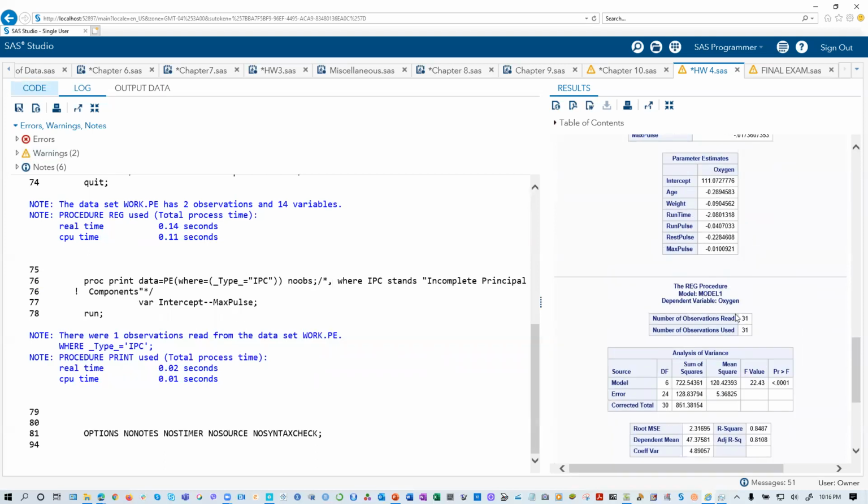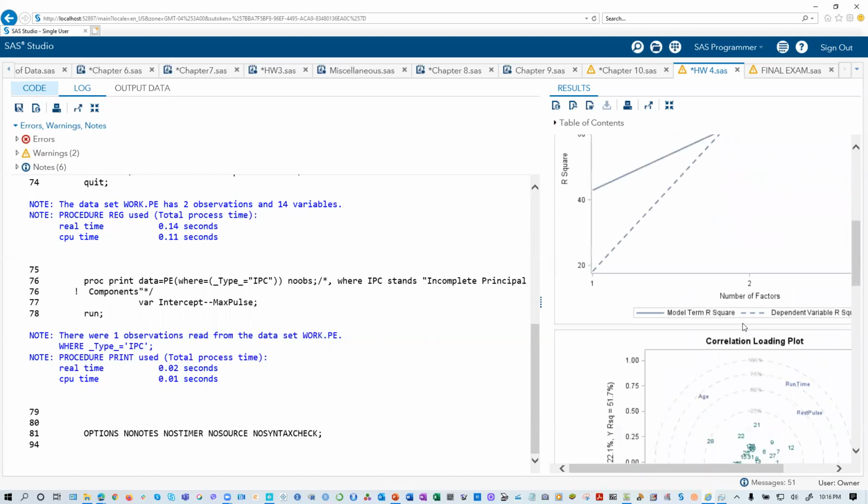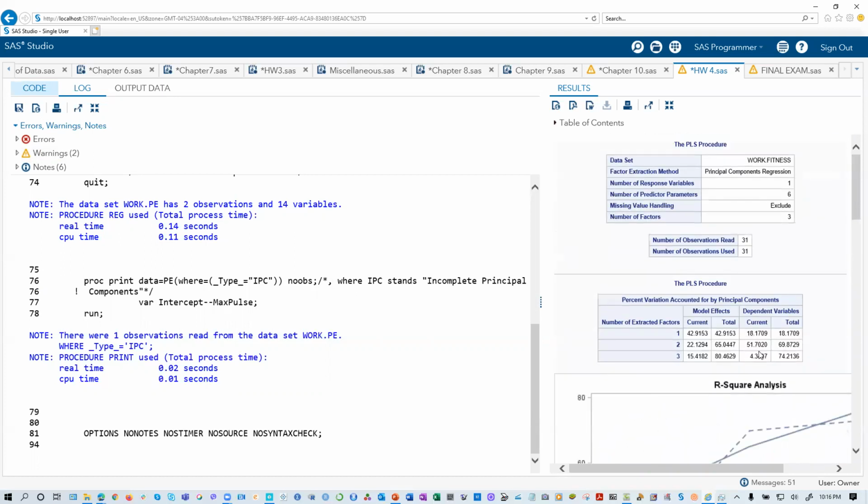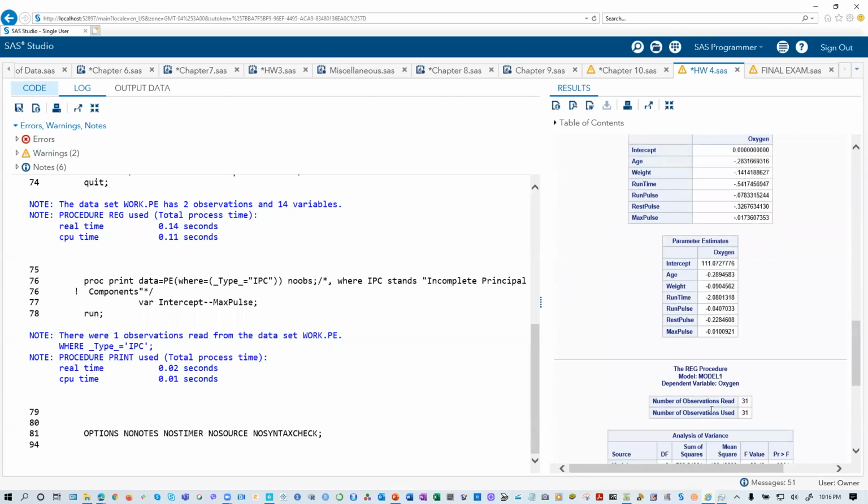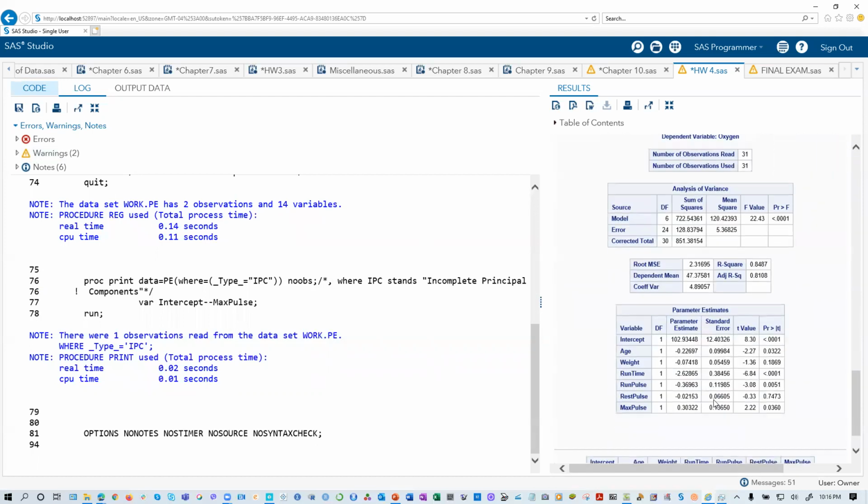It's not reg procedure. It's a partial least square procedure. Partial least square procedure. Reg procedure.